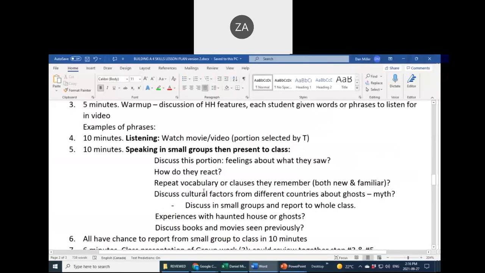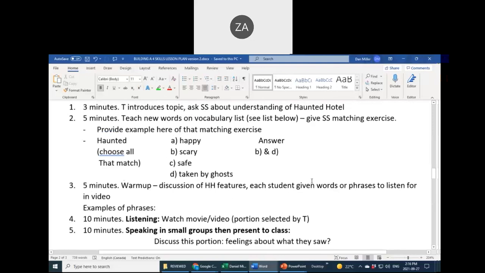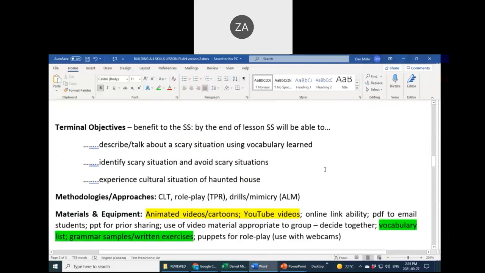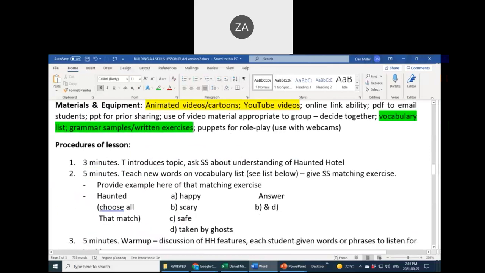But remember, that's including pictures and lists of words, so it's taking up a lot of space. And your 4 skills lesson plans, because they add reading and writing, will likely be 3 to 4 pages in length for each of them. But these are just lesson plans, folks. Don't stress too much over them. Just do them.